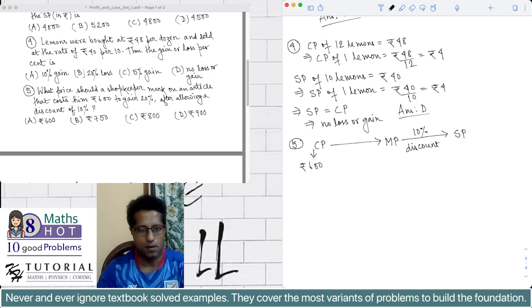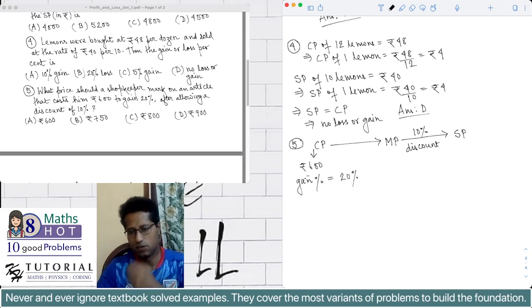We only know the value of the cost price, and we also know that the overall gain percent is given to be 20%. We know the cost price, and if there is an overall gain of 20%, we can find the selling price.